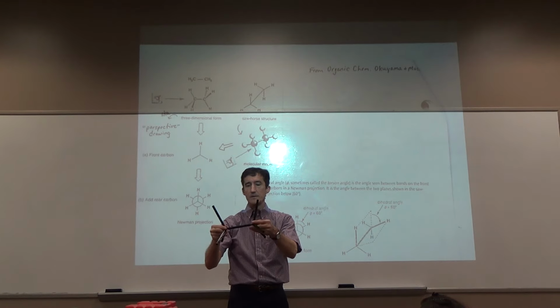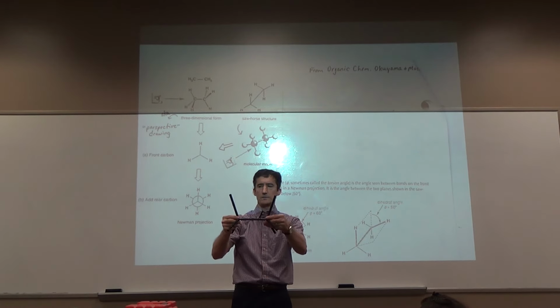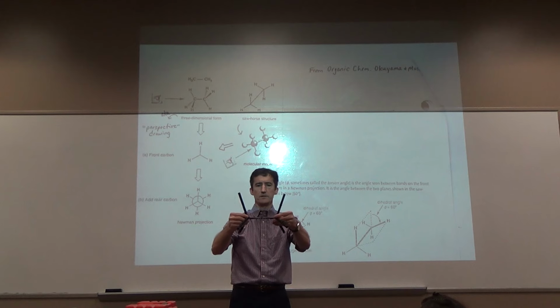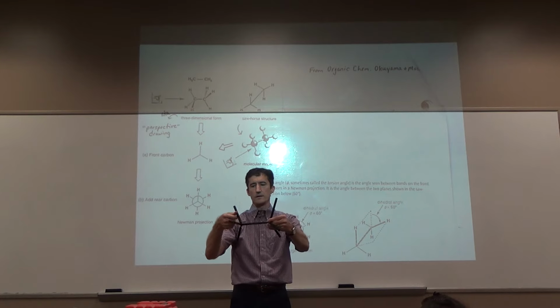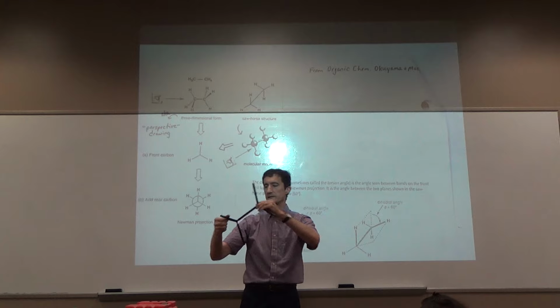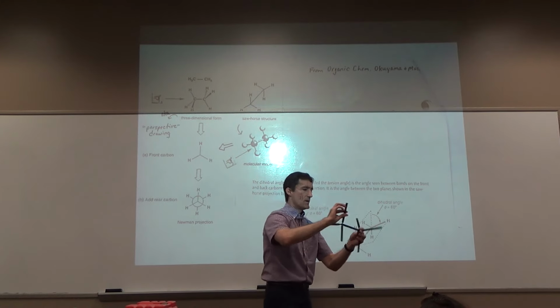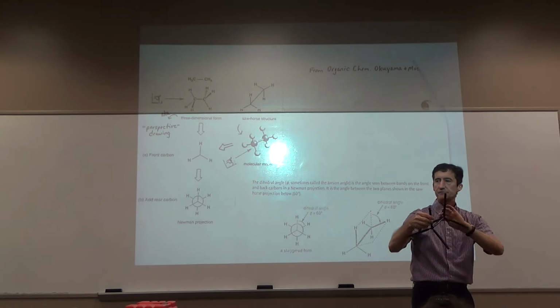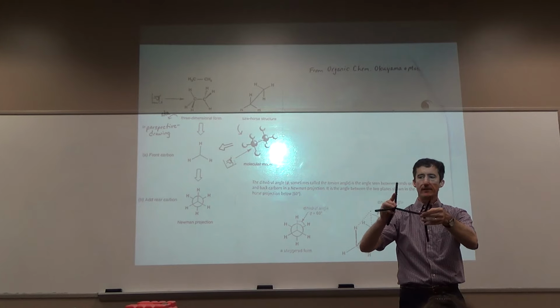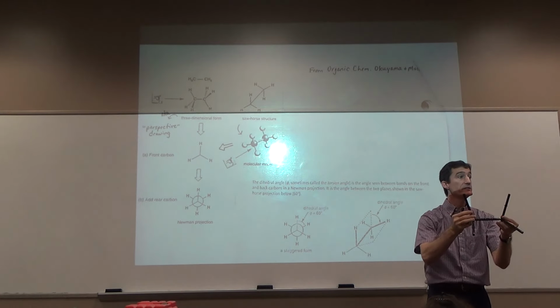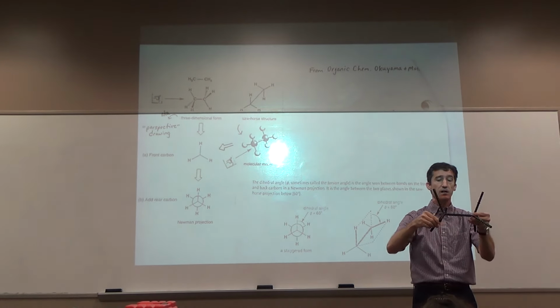Since it can spin, the question becomes, is it going to prefer to be like this, or like that? This thing may be spinning around all the time. But what we can ask is, what is the favored position, or the favored conformation? These are just different conformations.